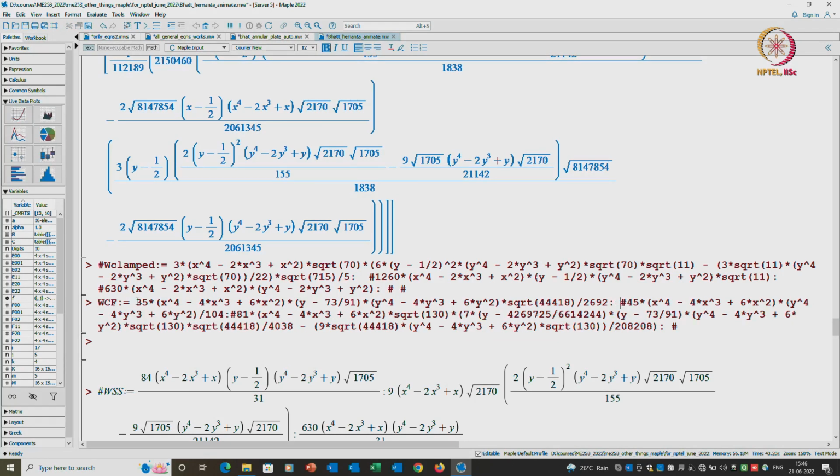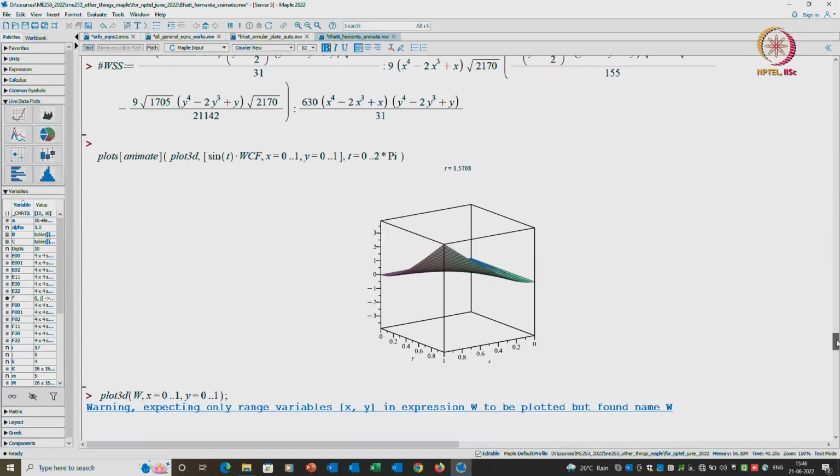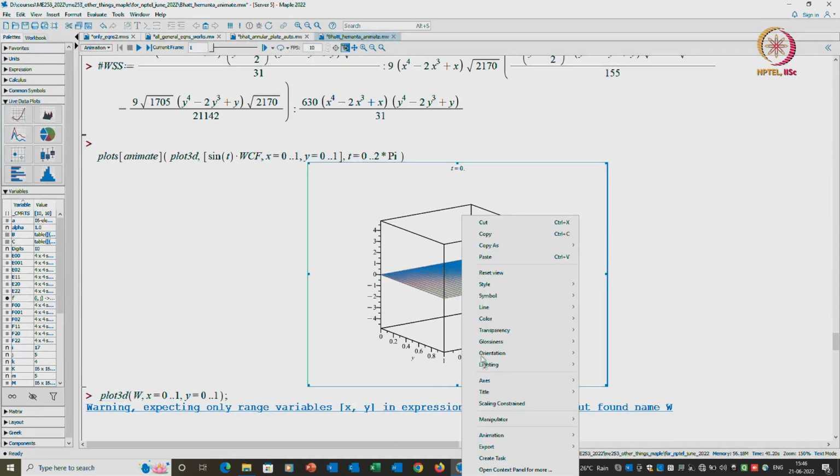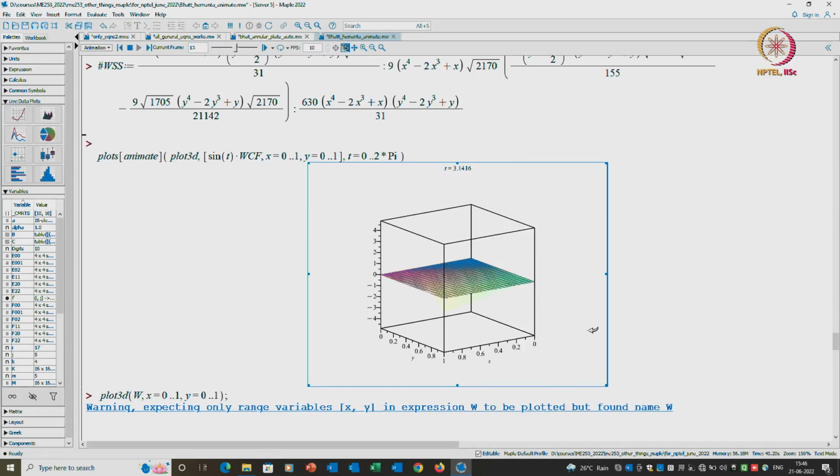So, if I run this, so you can see this is an intermediate mode. Okay. Along this line there is no node, along this line there is one node, whereas the first one had two nodes along this line. Okay. So, that is a clamped free. Okay.